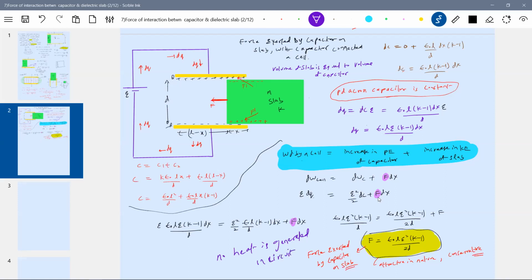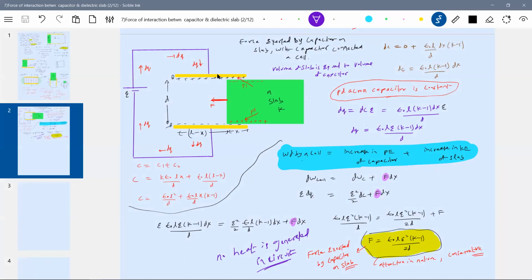This is, I think, a very important condition. Now in a capacitor circuit, when a cell supplies energy to the capacitor circuit, heat need not be generated. That's what I am trying to conclude here.